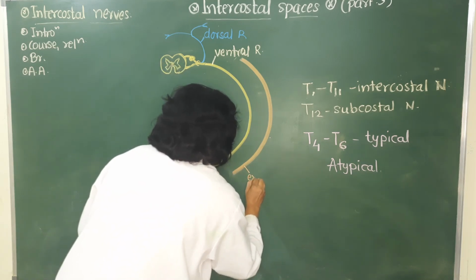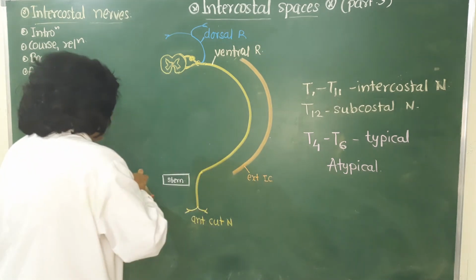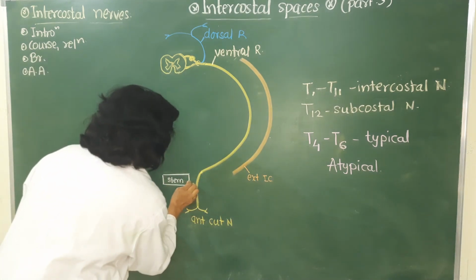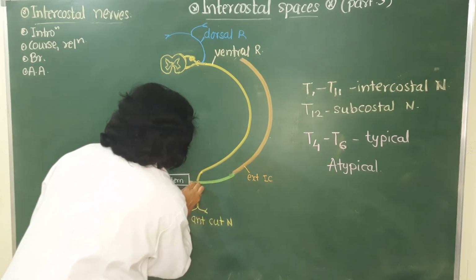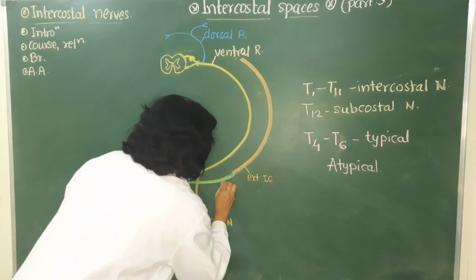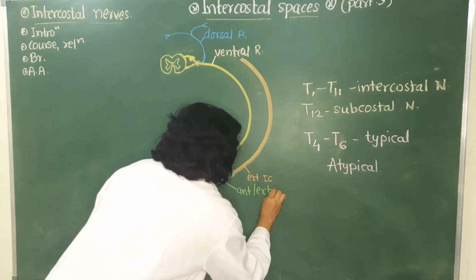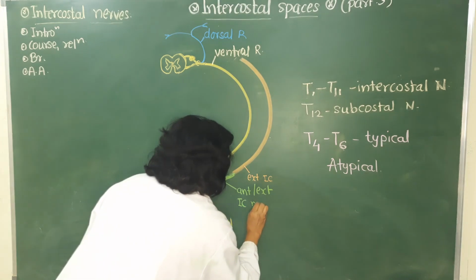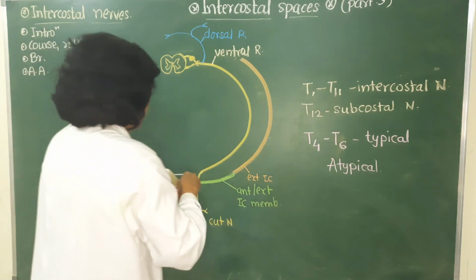This is the external intercostal muscle, and anteriorly it continues as the anterior, or you can say the external, intercostal membrane. It is membranous in the anterior part, which we have already seen in those muscles.